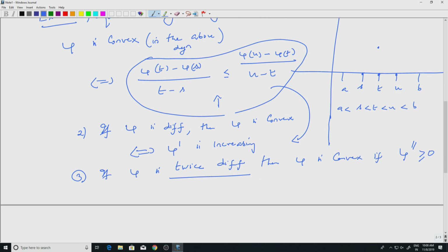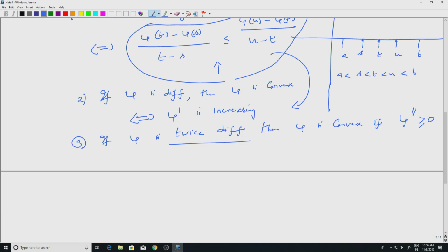Well, that is obvious from the second exercise, because if phi double prime is positive, this immediately implies that phi prime is increasing, right. A function is increasing if its derivative is positive. So, that tells me that phi prime is increasing, and exercise 2 tells me that phi is convex.